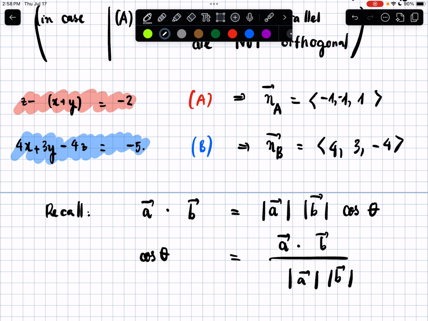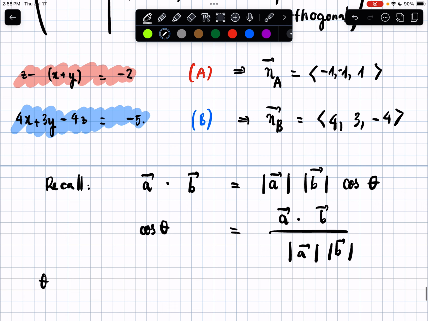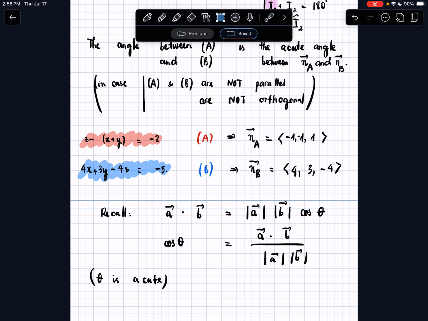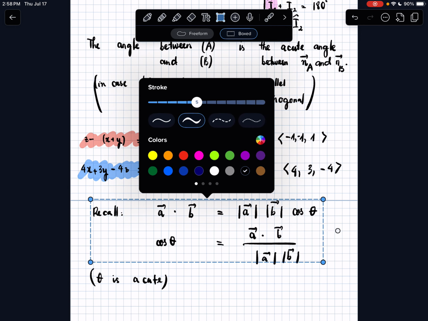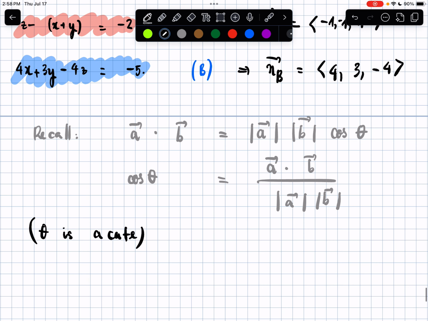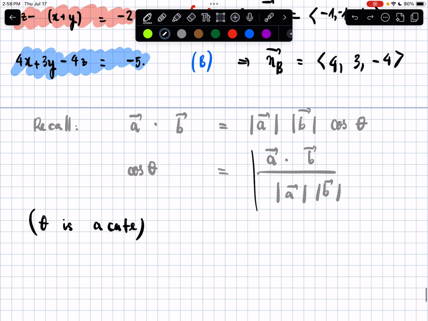In our case, theta is acute for the angle between two planes. So we take the absolute value, so that cosine theta is always positive to make sure that theta is acute.